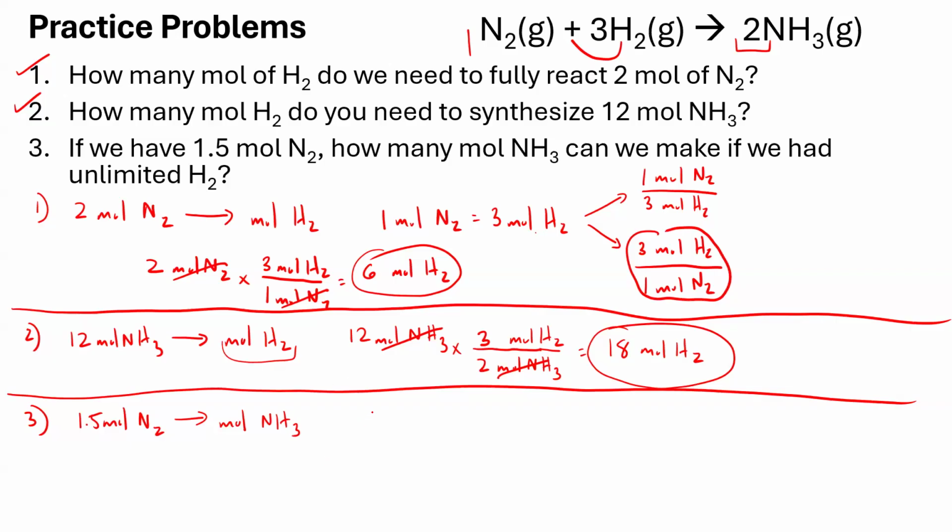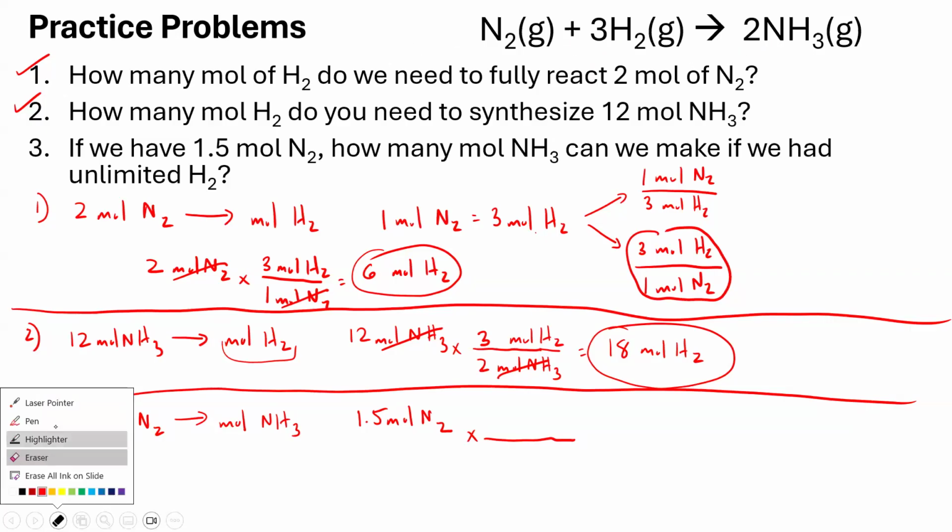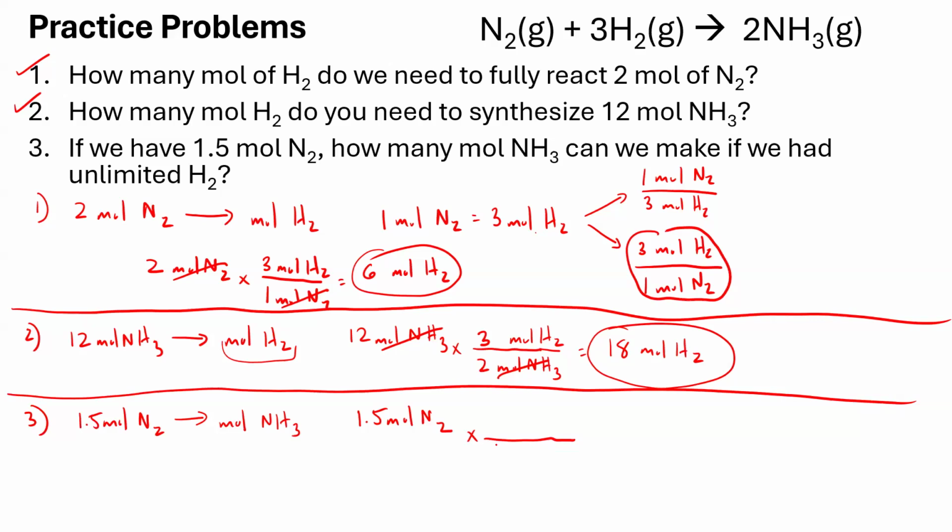We're going to start with 1.5 moles of N2. I'm going to erase a couple things here just so we could show that. And on the bottom, just unit-wise, we know we're going to have moles of N2. If you look at the ratio, since there's no number, that's going to be a 1.